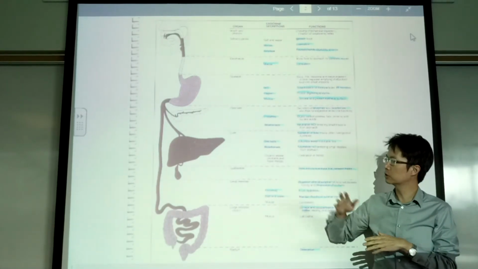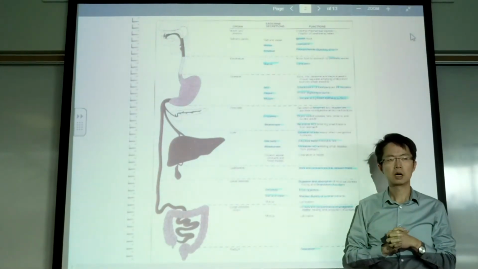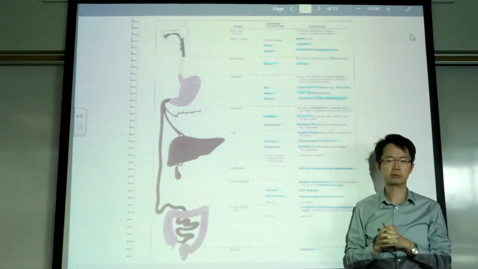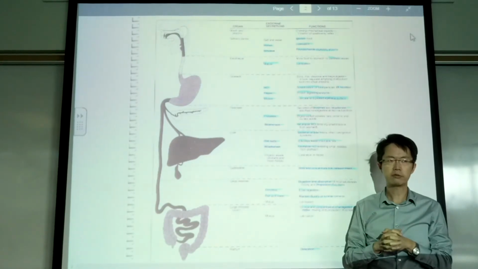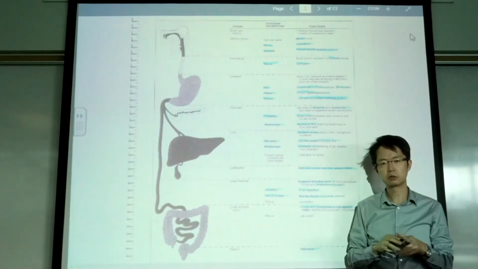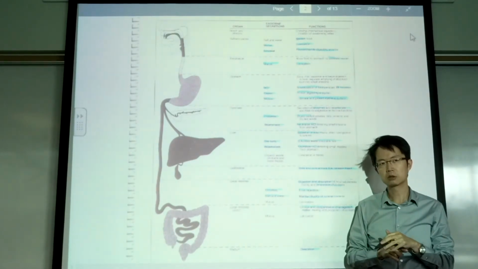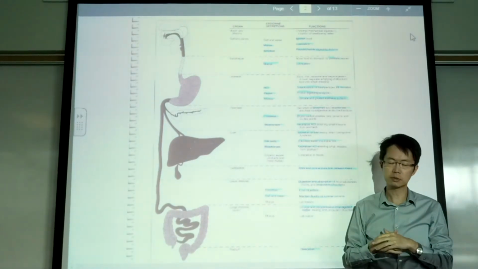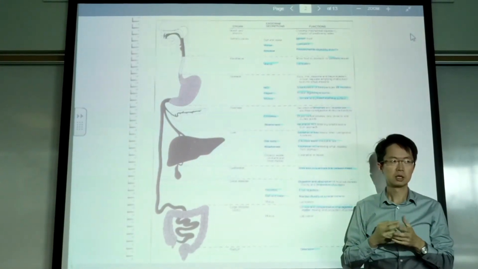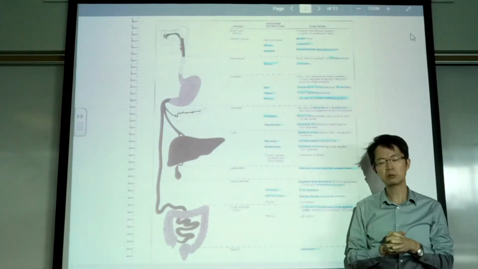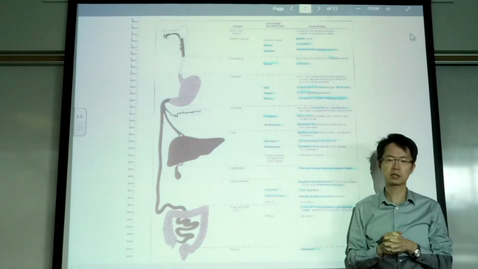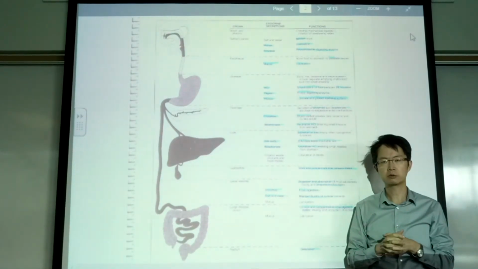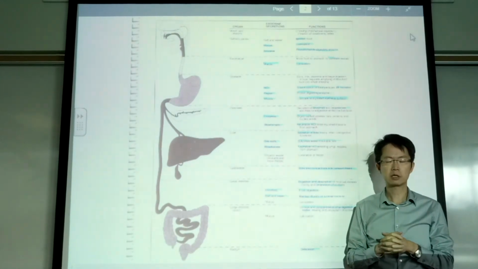Now we add more function to it. It makes bile salt. In the next lecture, we'll talk about metabolism, and we'll tell you more functions of the liver, something like gluconeogenesis, making glucose, or glycogenolysis, breaking down glycogen to make glucose, and converting other molecules like fatty acid or amino acid and feeding them into part of the cellular respiration pathway.